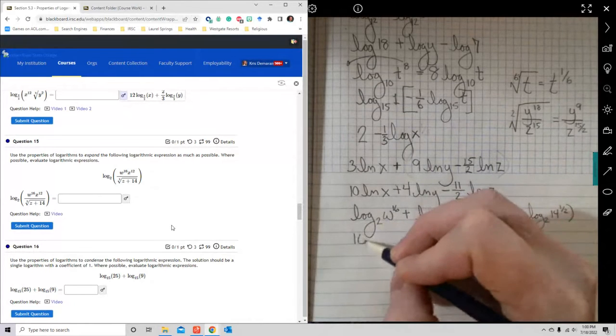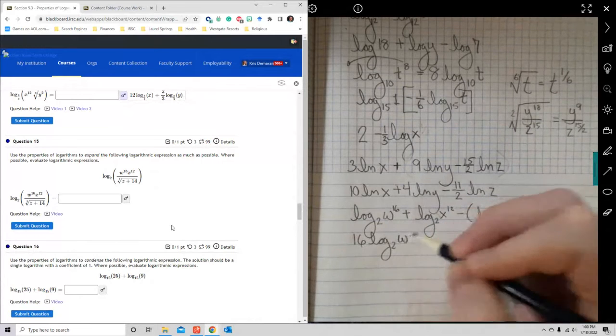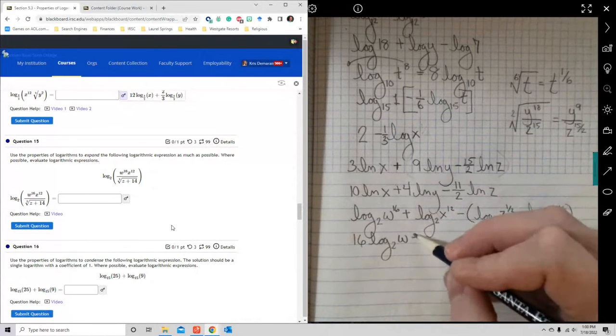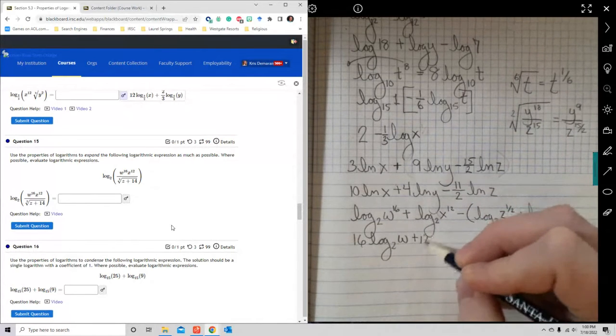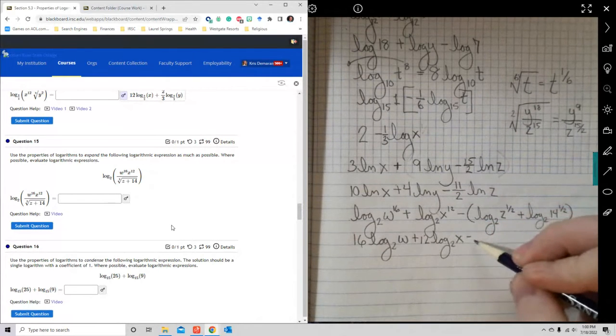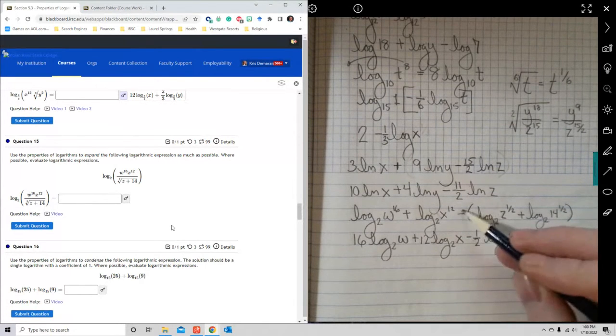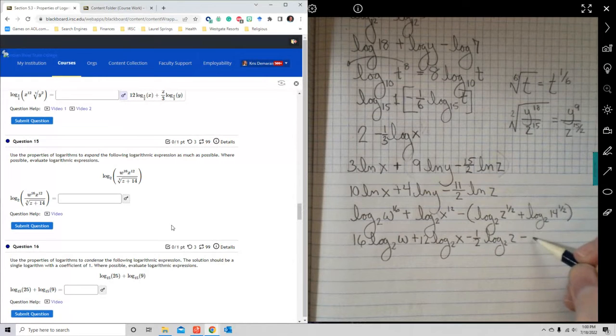See, so now I'm going to get 16 log 2 of w plus 12 log 2 of x, and I'm going to get minus 1/2 of log 2 of z minus, I did the distributive property, right? Minus, and then, what is this? Oh, hold on, wait a second. I just screwed that up.